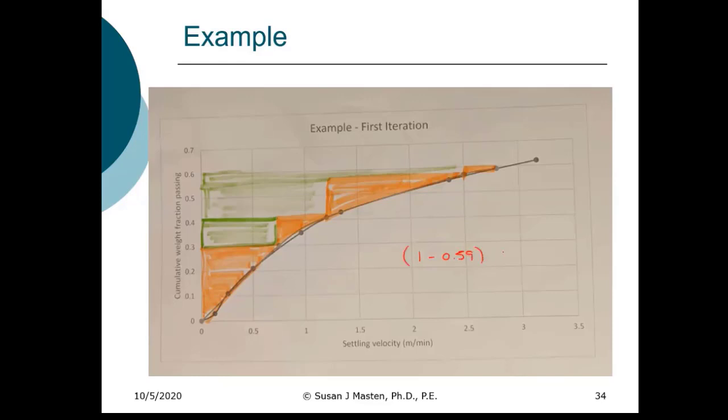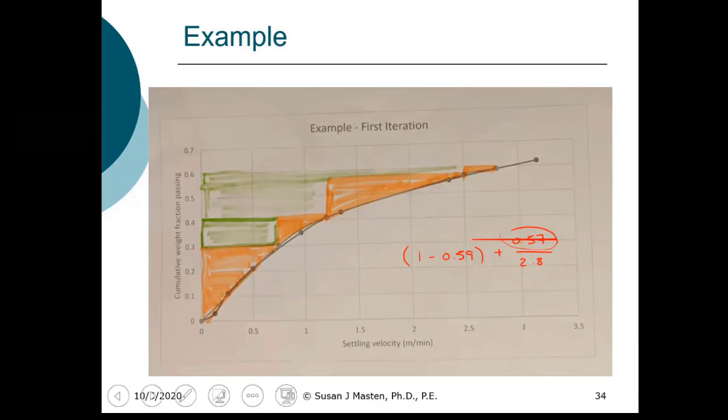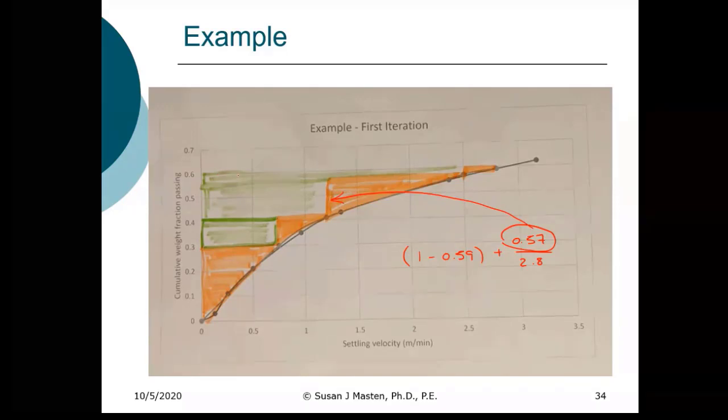Okay, so when I do this, I have the same thing, except now here I'm at 1 minus 0.59 plus 0.57 over 2.8. So this here corresponds to the area above this curve. So in this area here.